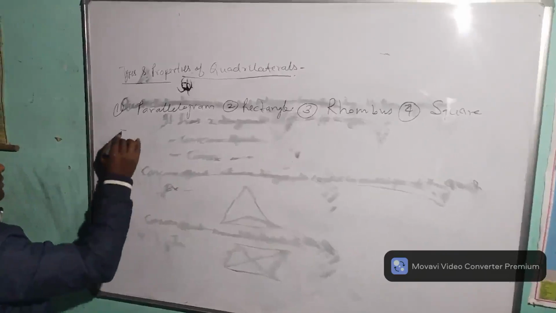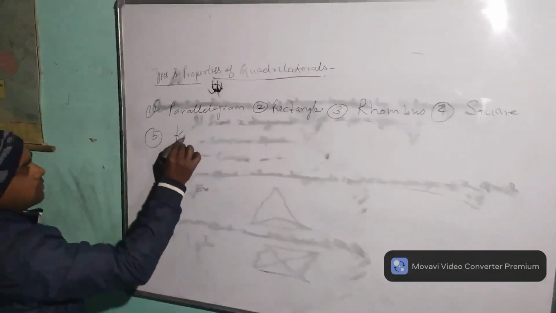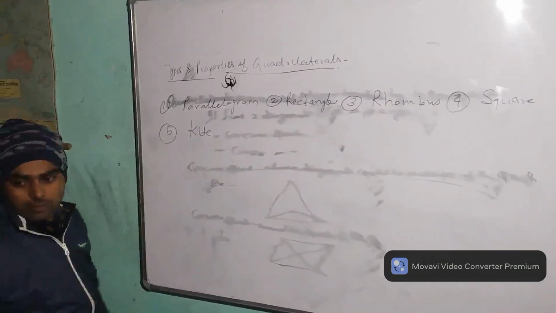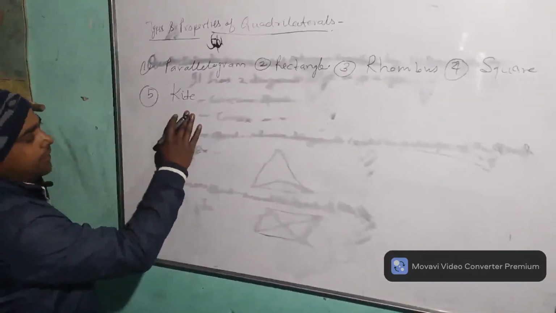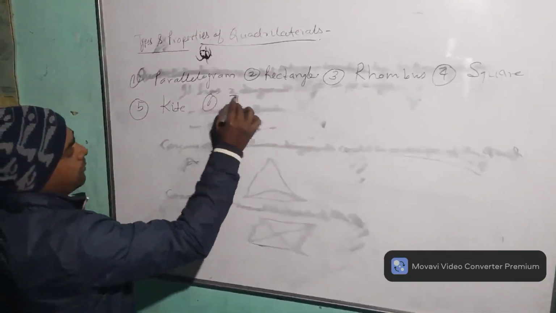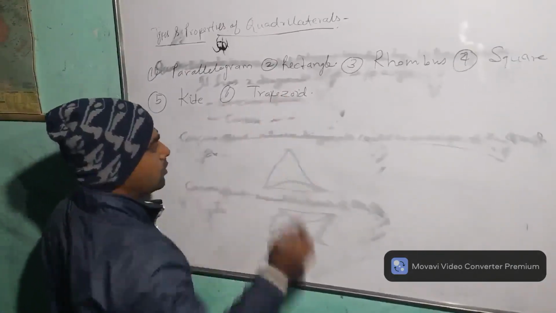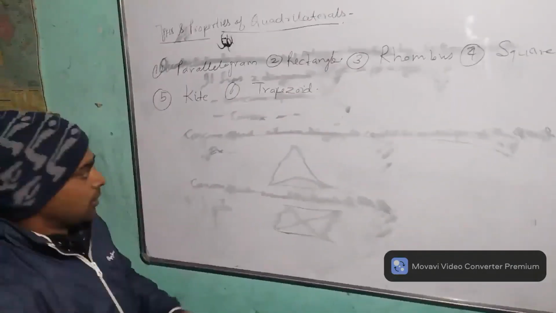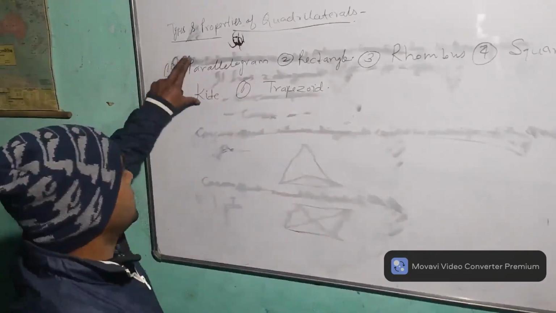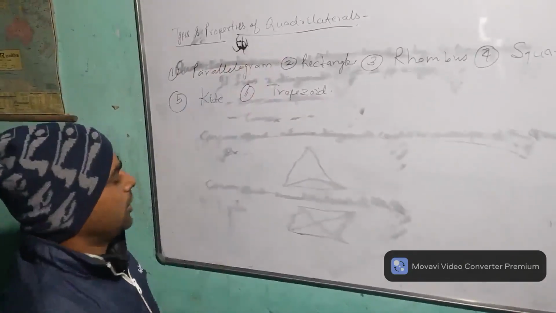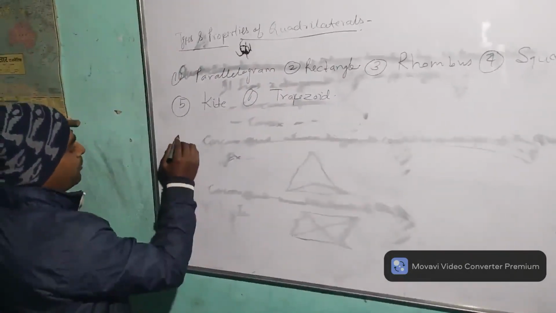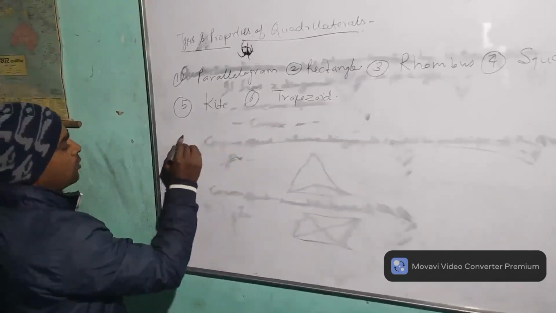Fifth one is kite. And sixth one is trapezoid. We have to study these types of quadrilateral and their properties in class 9th and 10th.